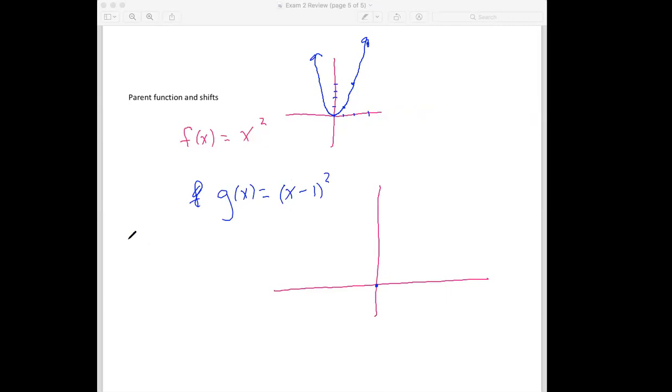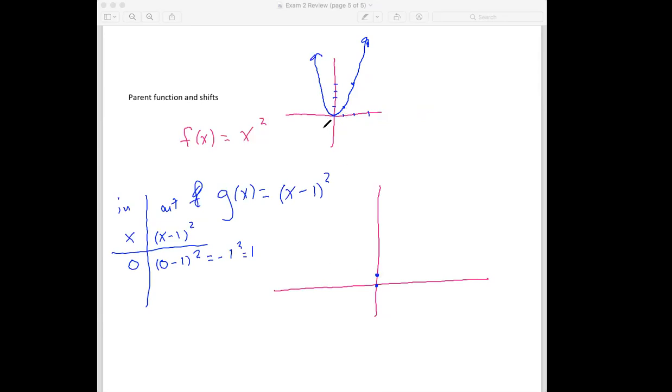This is input, output. If we put in 0, we're going to get 0 minus 1 squared out, which is negative 1 squared, or 1. So at 0, we're going to get 1 out.